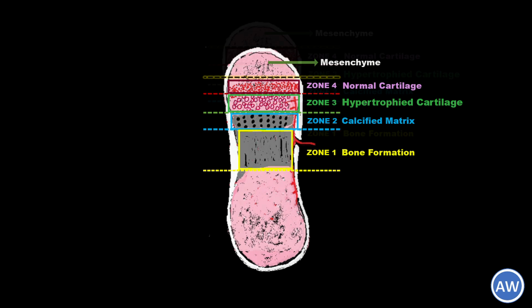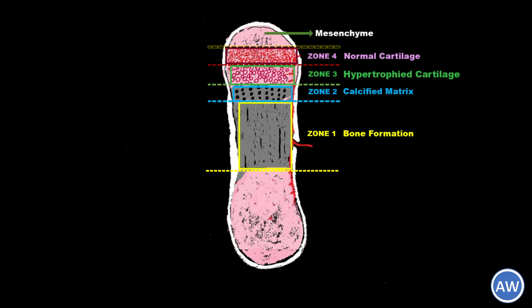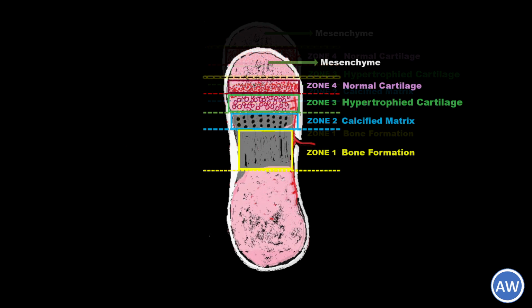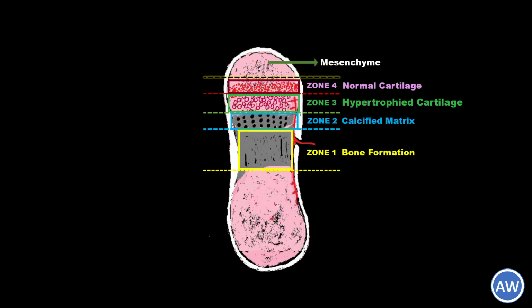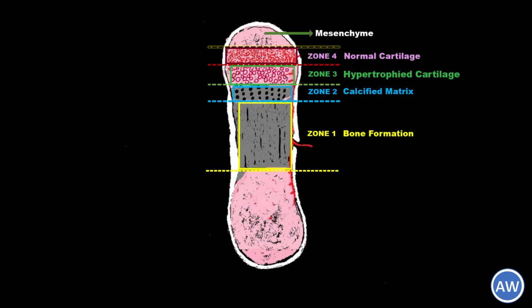Now, during bone growth, zone 1 expands to occupy zone 2. How does this happen? During this process, the calcified matrix present in zone 2 is replaced by bone. So we can say the area which was originally occupied by both zone 1 and zone 2 is now occupied only by zone 1.